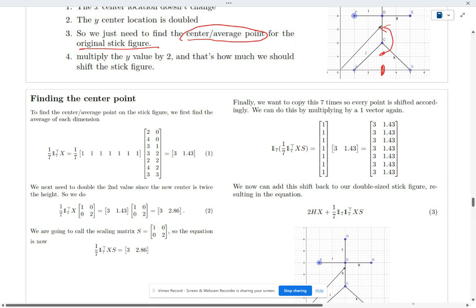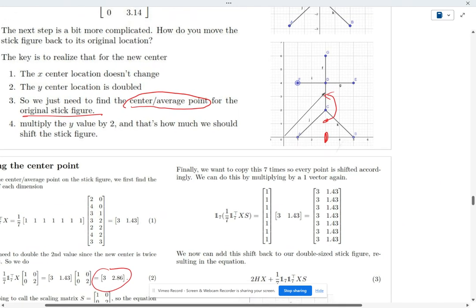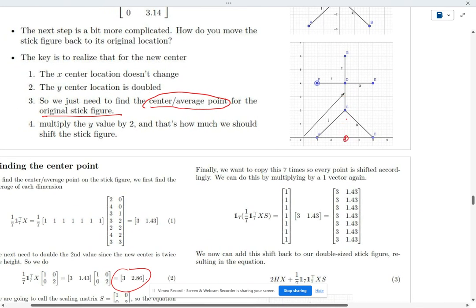So the way we can do this is after we get the point, 3 and 1.4, this is the middle point, we can multiply by this matrix. Notice this will keep the first value the same, and then the second value will get doubled. So this is 3 and 2.86. You can see that this is 3, and this point is roughly 2.86.